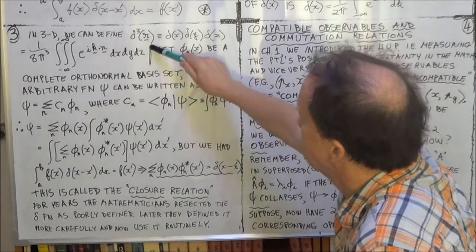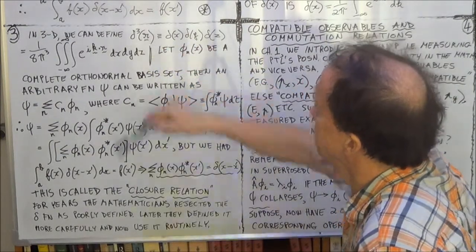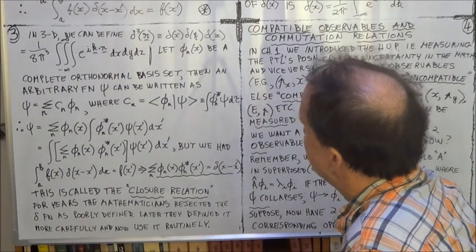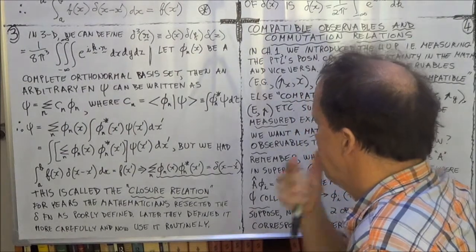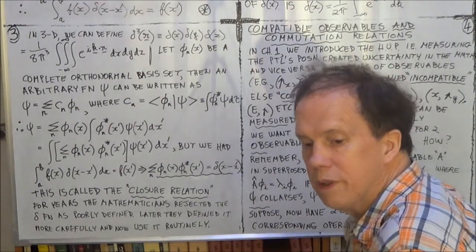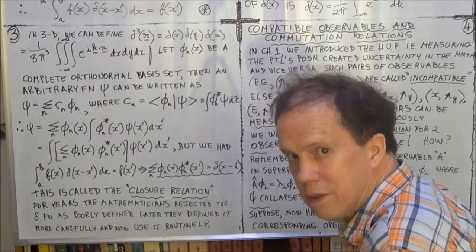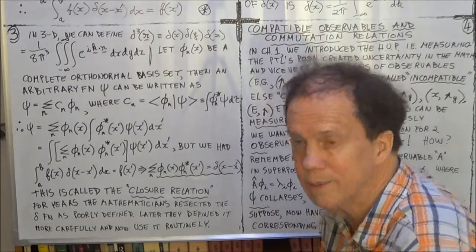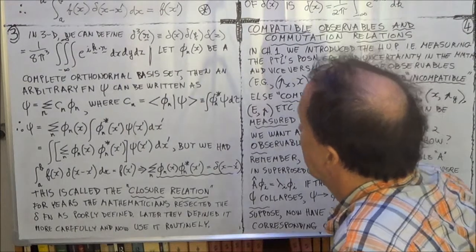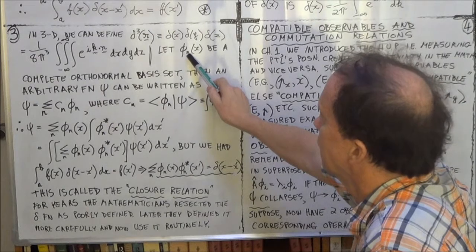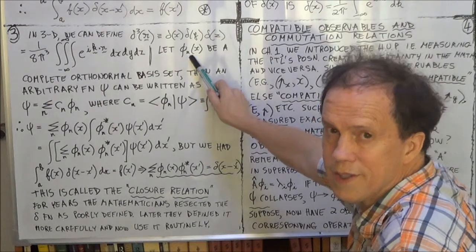Okay. Double bar, meaning new thought. We can now bring the delta function into quantum mechanics in a more intimate way. So let these phi n's here, it's not just one function, it's a set of functions.